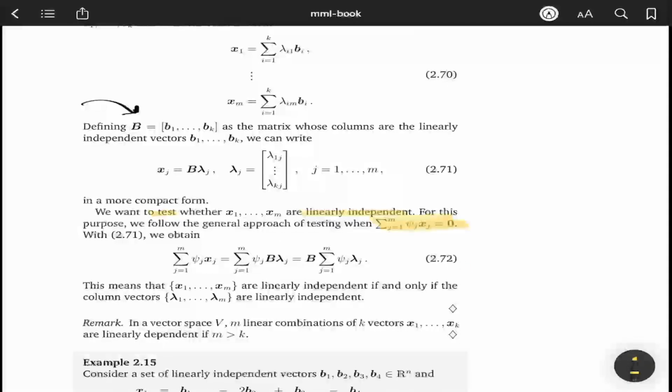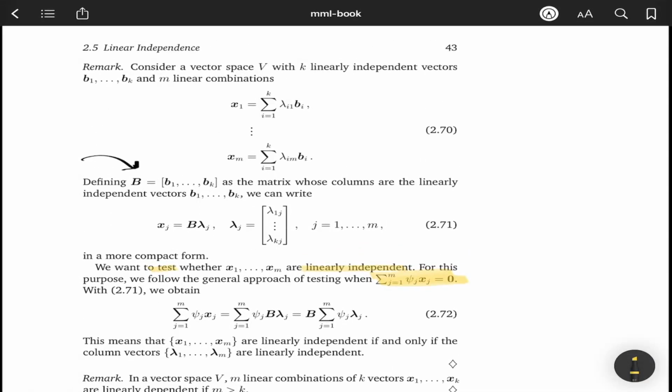They say this new thing, because it's a null vector, has to be the same as if you do this, because it's x, right? You can just replace that x with the B lambda j. Then they factor out the matrix, move it to the left, and then they do a vector multiplication. Lambda is a vector, we know that because of this one.